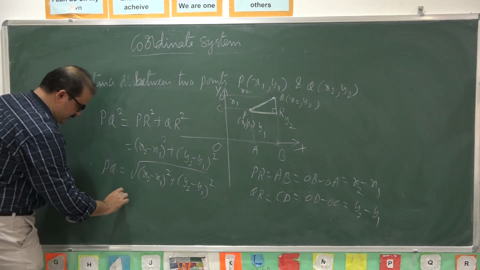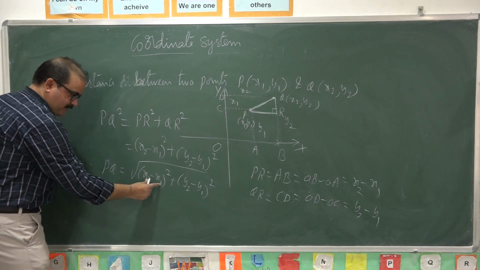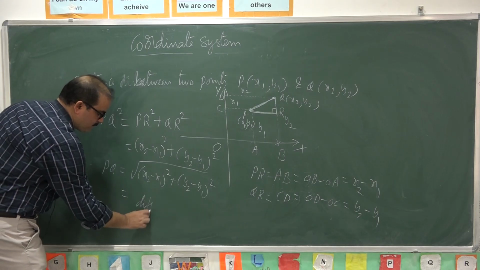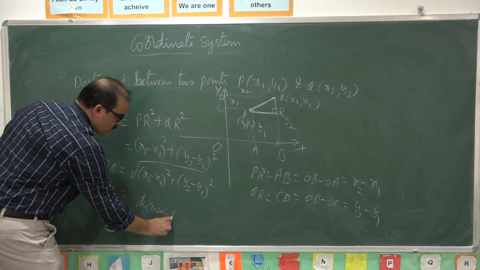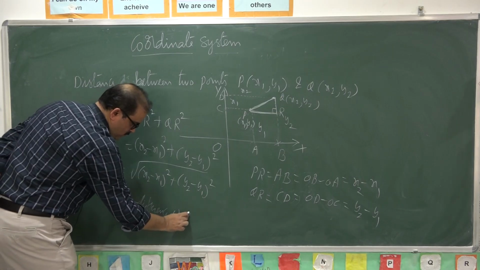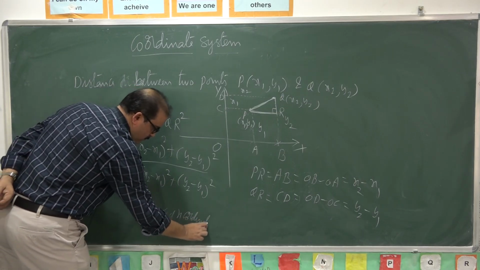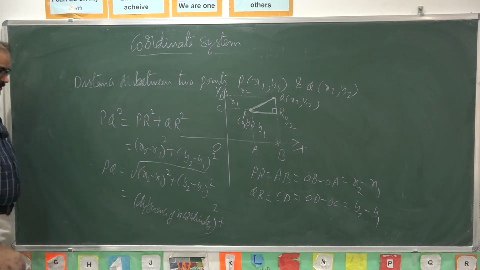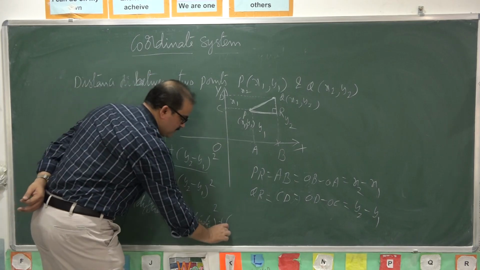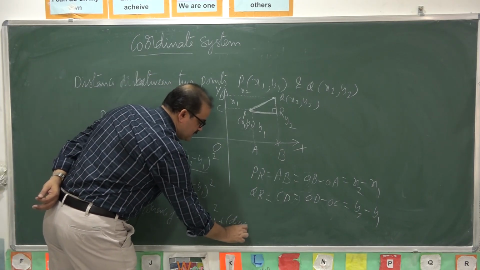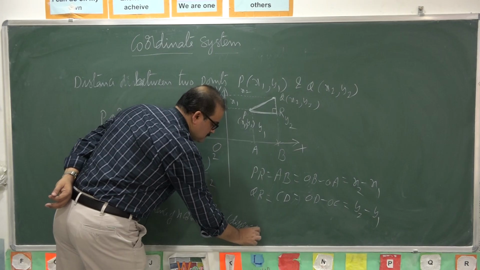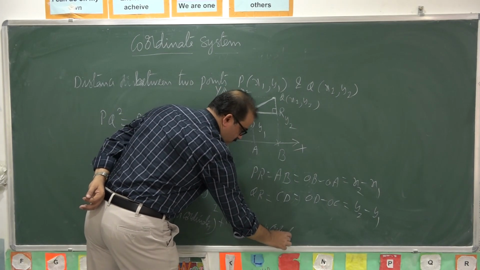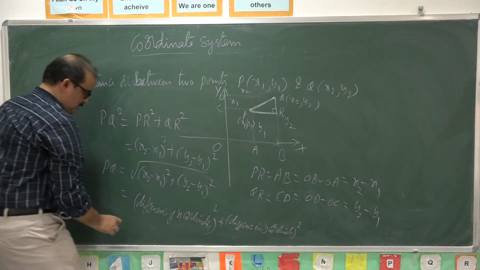Or you may write it as difference of x coordinates square plus difference in y coordinate whole square under the square root.